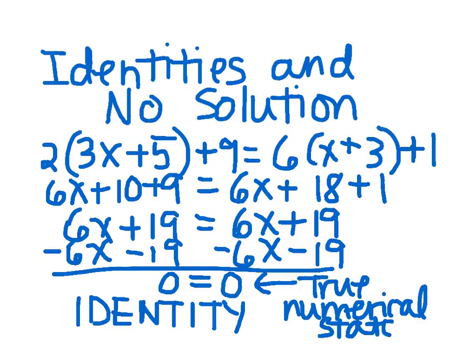It's called an identity. And what does that mean? Well, let's just decide. Let's plug a number in for x. Pick any number. Let's make it easy. If I say 6 times 3 plus 19, well, that equals 6 times 3 plus 19.